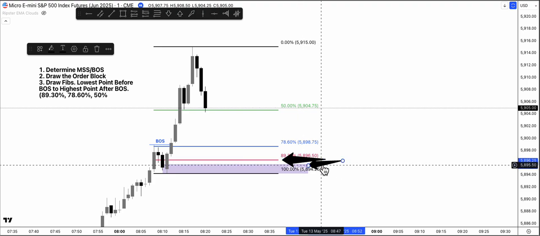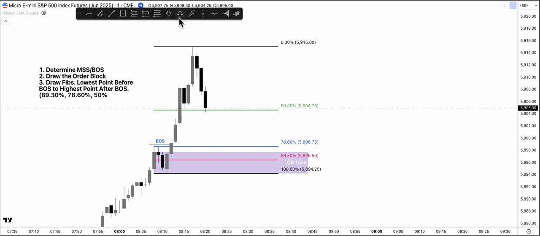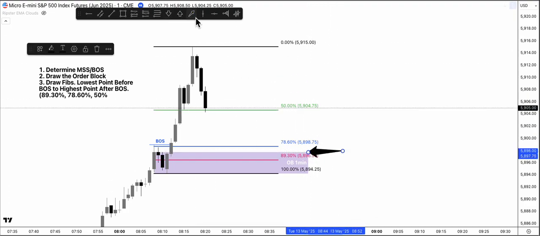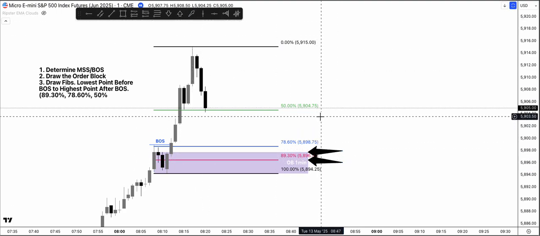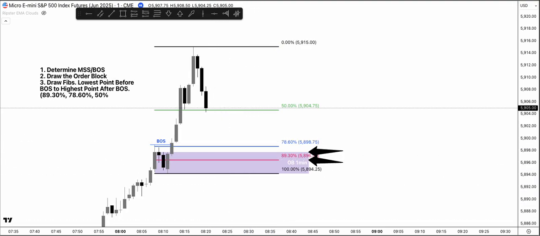In this case, being that the order block is here, I'm going to set my entry at the start of the order block, and the next entry will be here at that red line. Let's see what it does. Price stalling here.